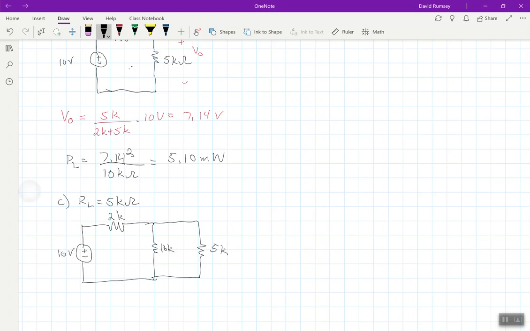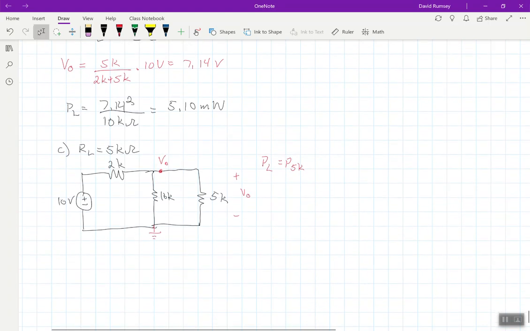Now I'm going to analyze it. Actually, this time we'll go the other way, because we want to find, again, V out, because we want to know what the power for the load is, which is the power across the 5K. We'll do the nodal analysis method this time instead of the parallel combination. So this here is just going to be V out, because I'm going to make this ground.